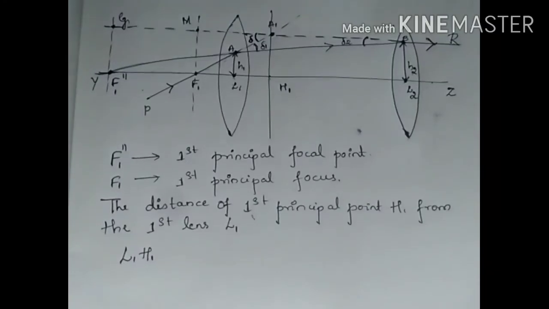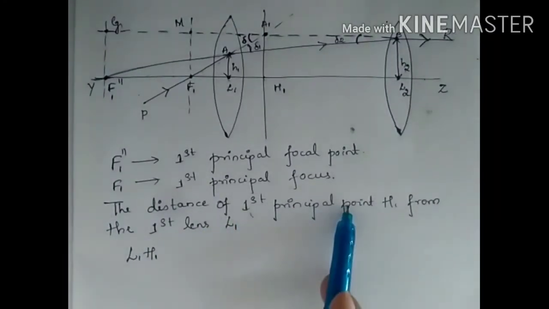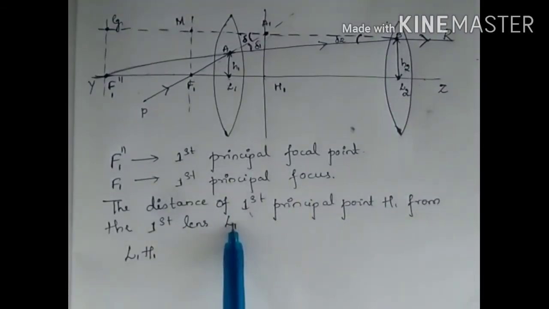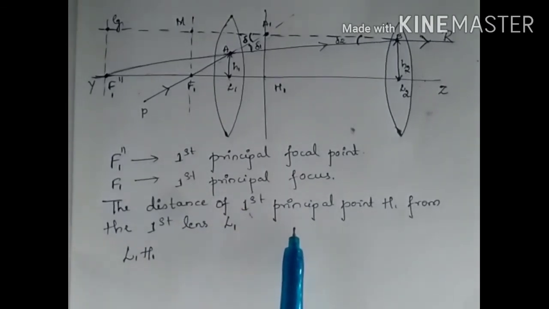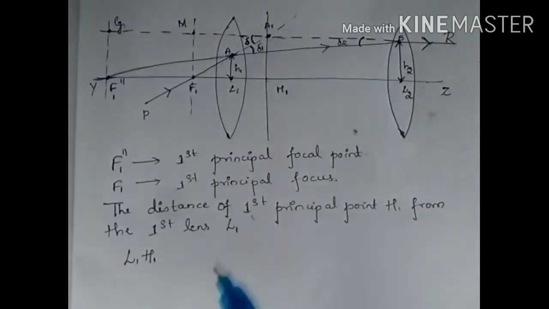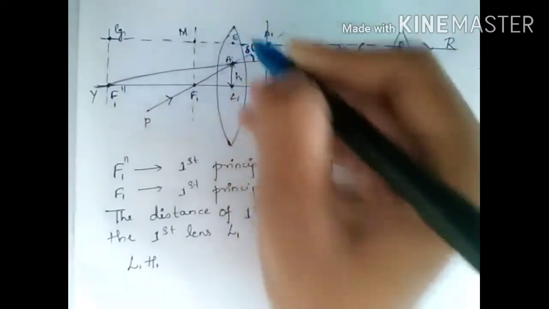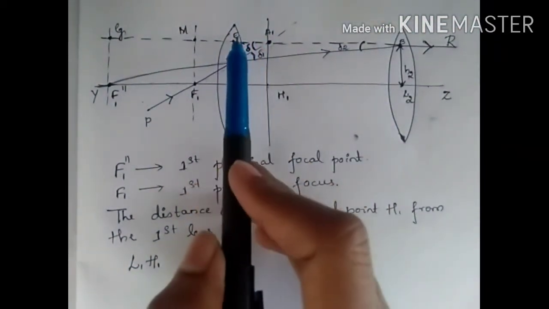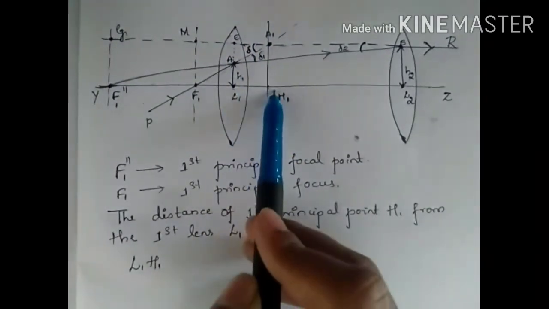So what are we supposed to find? We are supposed to find the distance of first principal point H1. With respect to what? With respect to L1. So L1 here denotes the lens 1 or the first lens. So now if you see this cuts here, so this point here is E. Now from the diagram, if you observe, EA1 is equals to L1 H1.